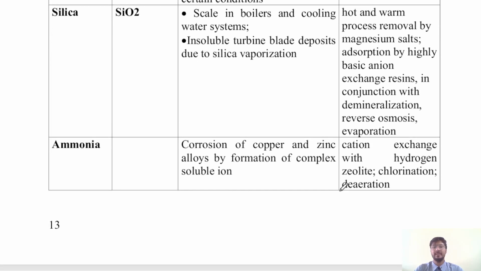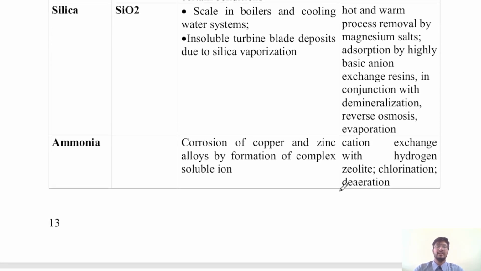And another is silica. The formula is SiO2. Silica can scale in boilers and cooling water systems, and cause insoluble turbine blade deposits due to silica vaporization.